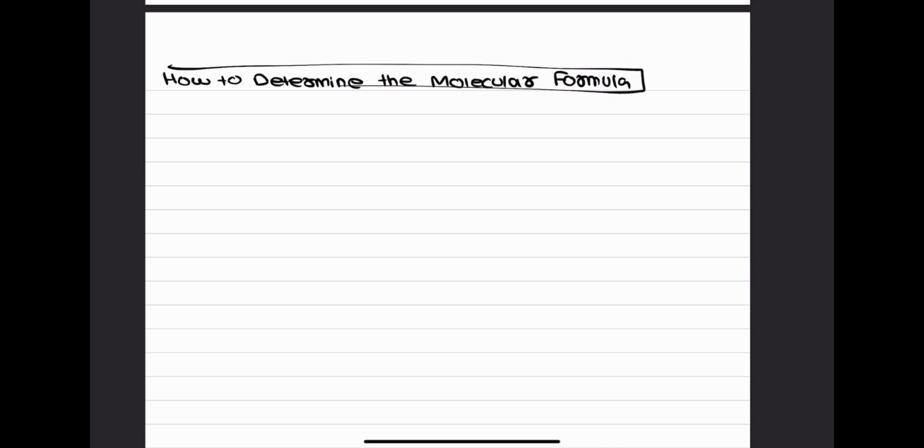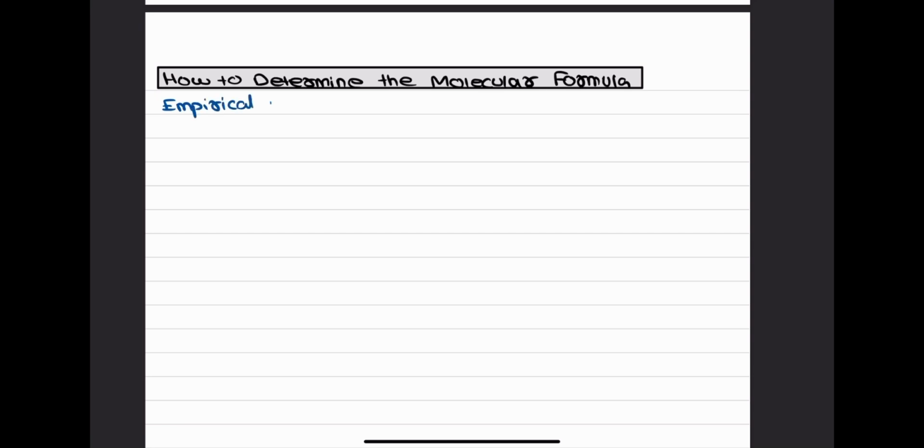Okay, so how to determine the molecular formula. Now, empirical formula is CH3.